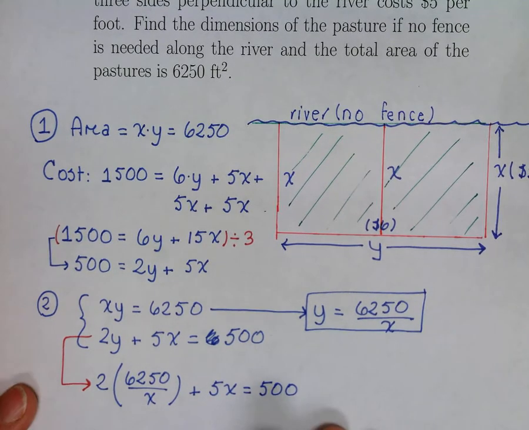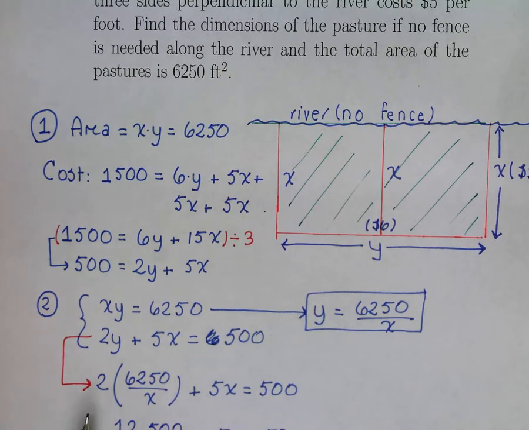Now if I multiply 2 times that, I get 12,500 over x plus 5x equals 500.